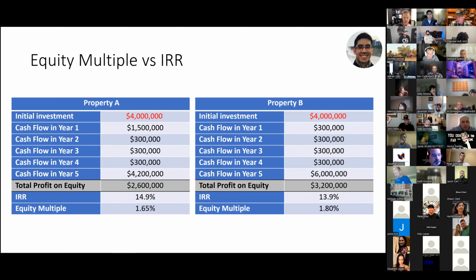An investor that's less concerned about the timing of their earnings may be fine investing in property B, which has a slightly higher overall return. So generally speaking, for cash flowing properties, a higher IRR typically translates to a better investment opportunity because it's performing better.